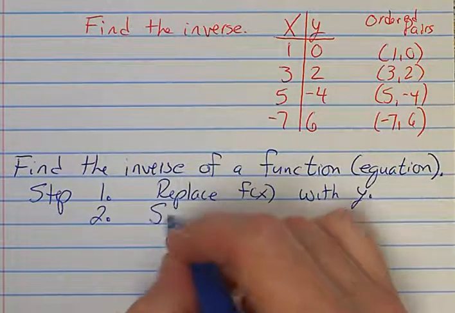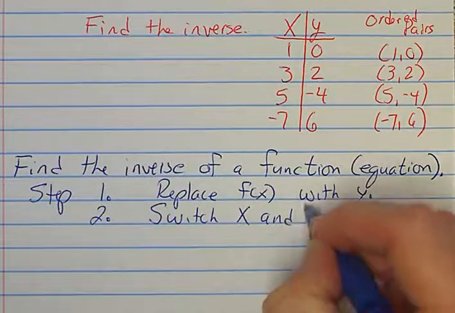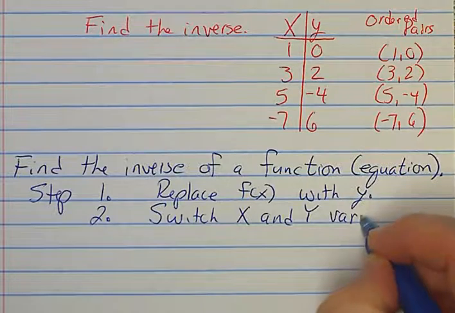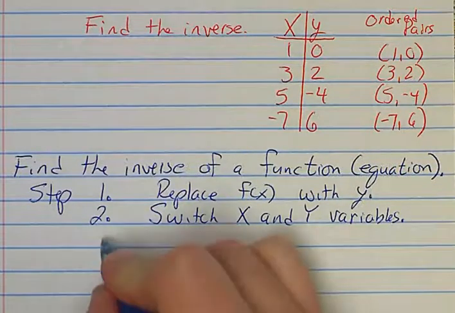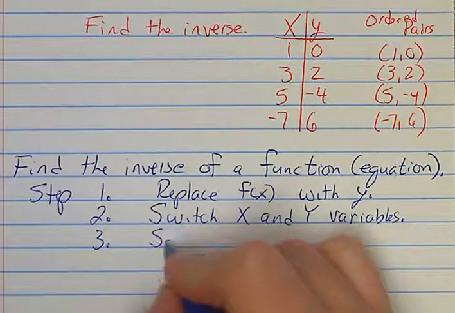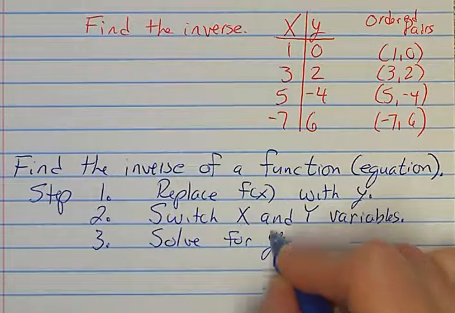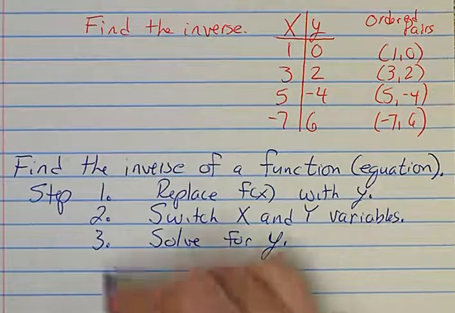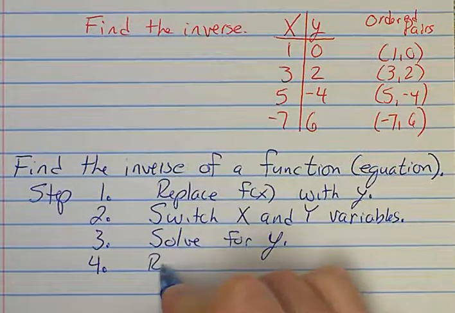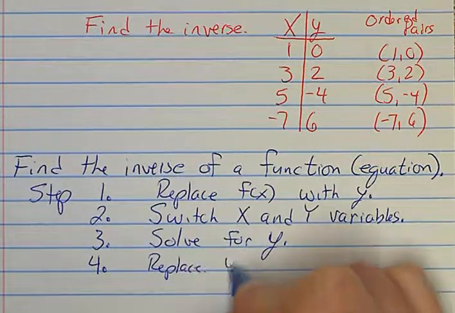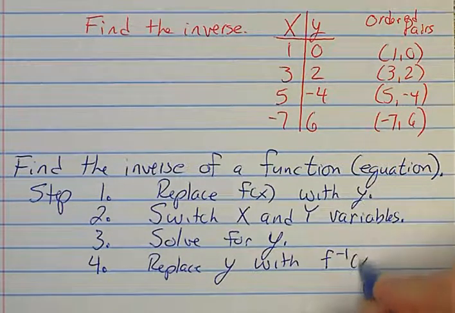Then you actually do what we did up here. Then you switch your x and your y variables. Then you're going to solve for y. And at the very end, the last thing you would do is once you've got it solved for y, you're going to replace y with f negative 1 of x.